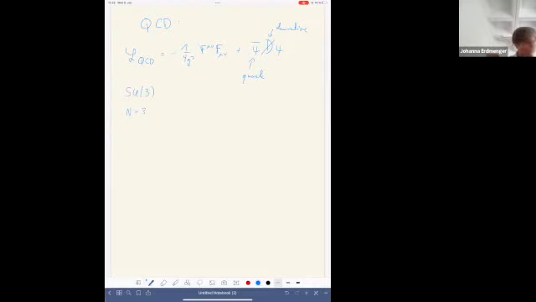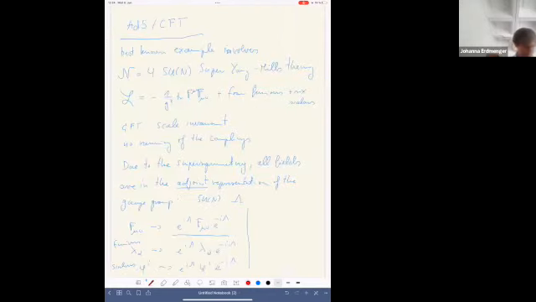The other point is that these psi's just transform like this under the gauge transformation. If you compare with this fermion here in the adjoint, you see there's a factor here and a factor there.